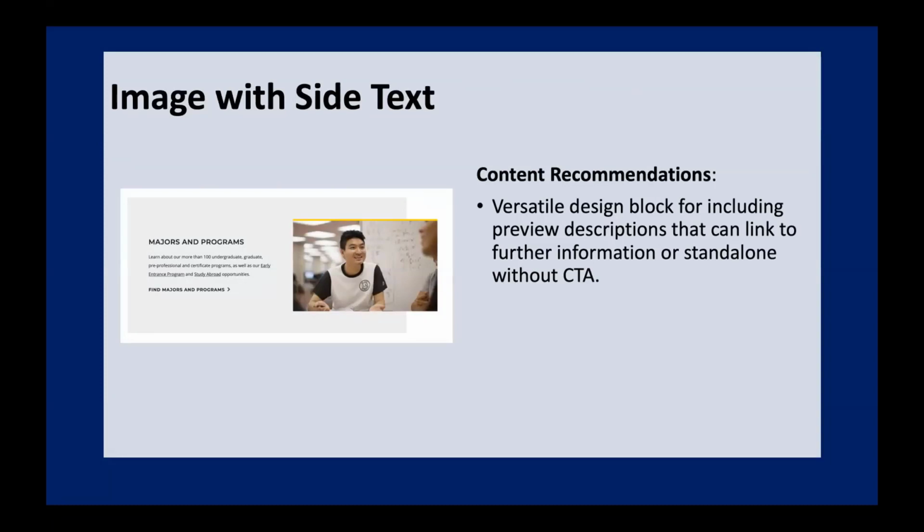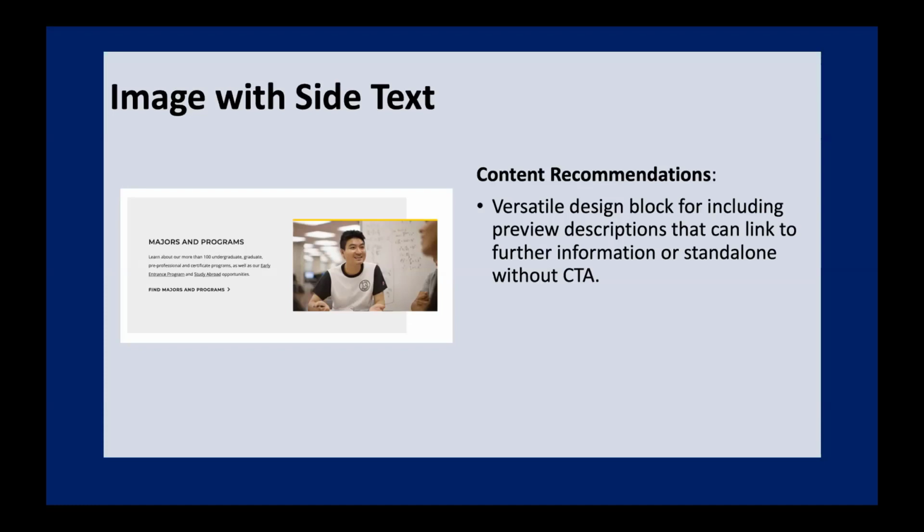Image with site text is probably the most common block that we use in our office. It's basically one of your Lego blocks. Each of these design blocks are stackable elements that you will use to create your whole page. And this one is pretty versatile.